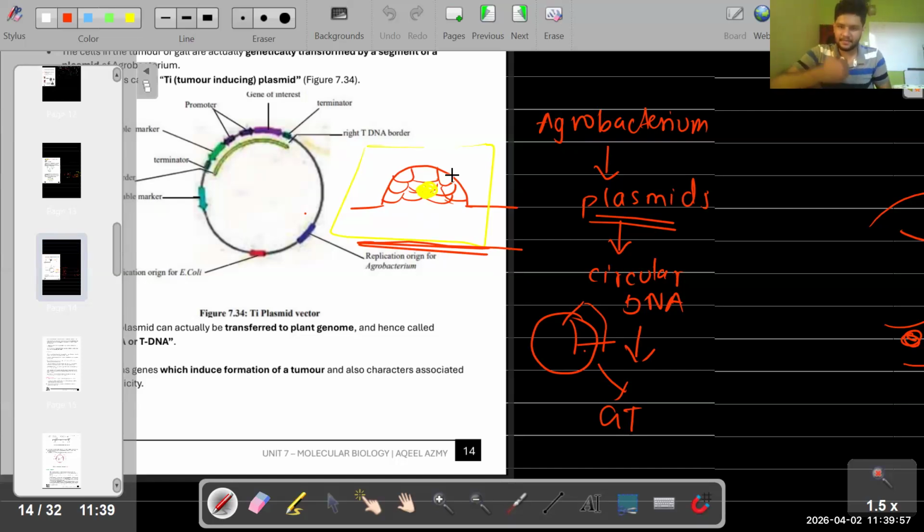Agrobacterium has given its own segments of tumor-inducing plasmid to form tumor cells, and after tumor cells are formed, Agrobacterium lives inside them. Can you understand? Is that clear? Yes.